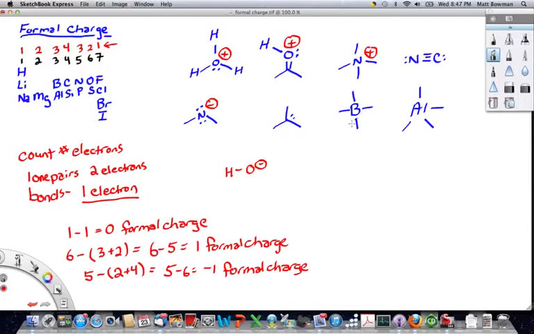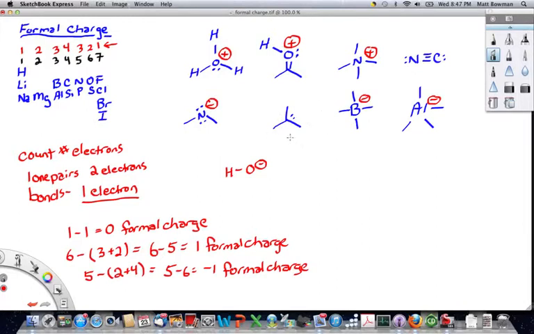When you have 1 bond extra, when they form 4 bonds, they become negative. That should also be second nature. Whenever you draw a boron with 4 bonds, negative. Aluminum, 4 bonds, negative.